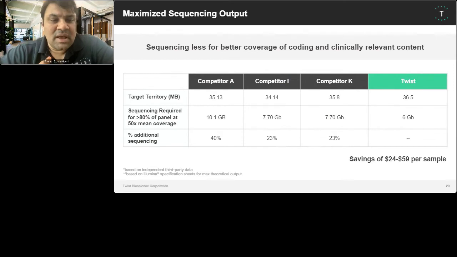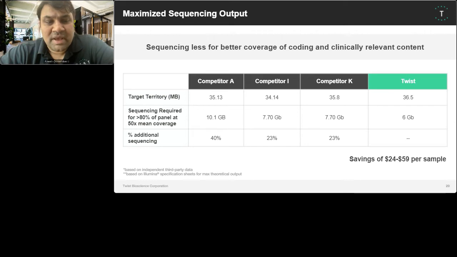As I said, with the competitors, with competitor A, I, and K, you might have to get around 10 GB of data, or greater than 7 GB of data for other competitors. Whereas with 6 GB of data, you can actually get all the meaningful information that you're looking for from the Twist exome.